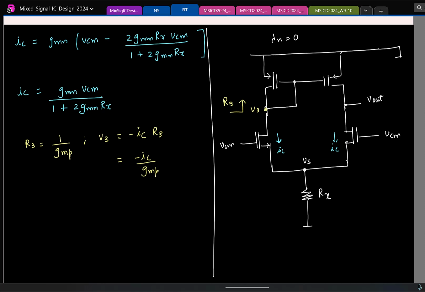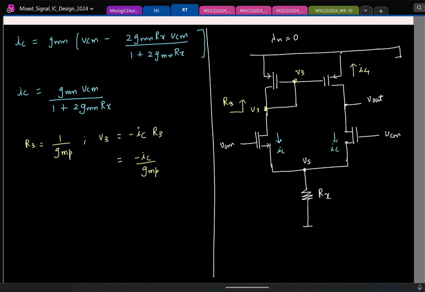So this is V3. What can you say about the current in this transistor in the direction I have marked, in terms of V3? It's a PMOS transistor, source is incrementally shorted. At the gate, there is a change by V3. What is the change in the drain current? GM times VGS. From drain to source, the current is always GM times VGS for both NMOS and PMOS. So what is the current?